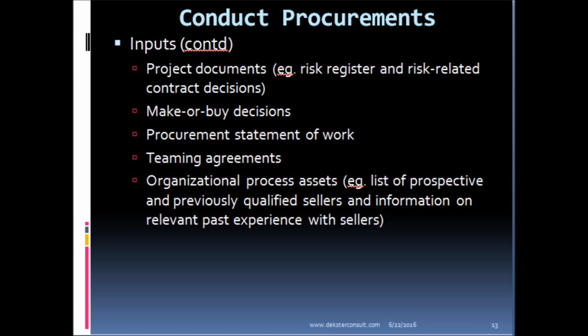We have teaming agreements with some organizations that we have already established agreements with, and then we will make use of our organizational process assets, which could include a list of prospective and previously qualified sellers, and information on relevant past experience with sellers.